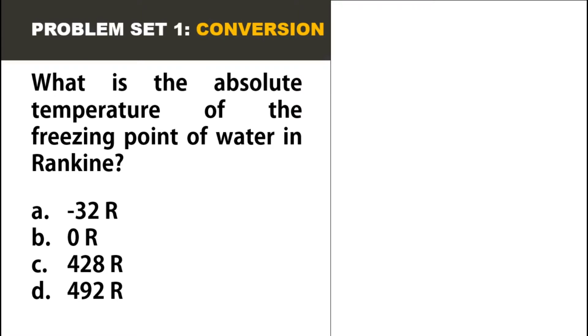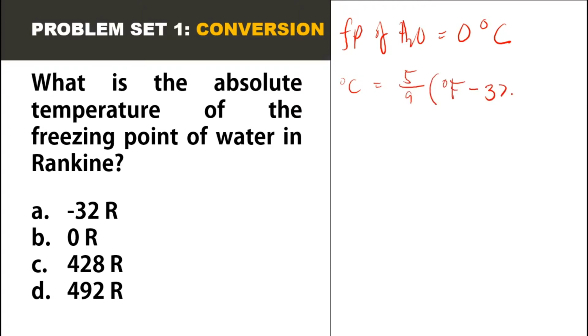What is the absolute temperature of the freezing point of water in Rankine? The freezing point of water is equal to 0 degrees Celsius. The relationship between degrees Celsius and degrees Fahrenheit is degrees Celsius is equal to 5/9 times degrees Fahrenheit minus 32.